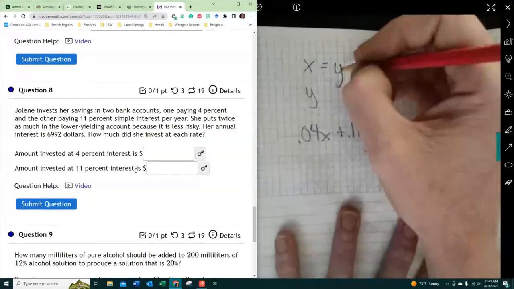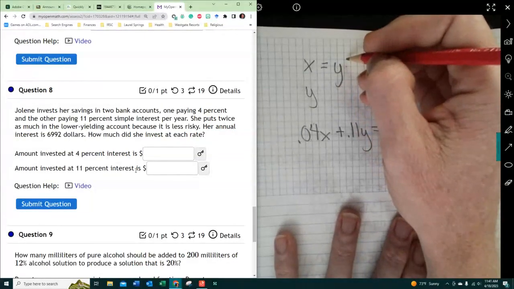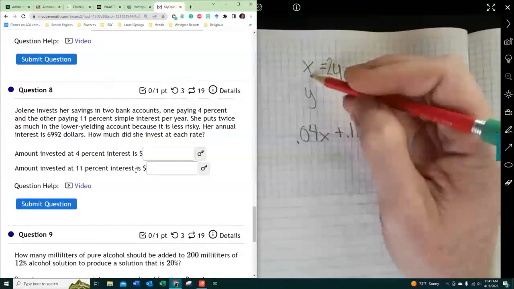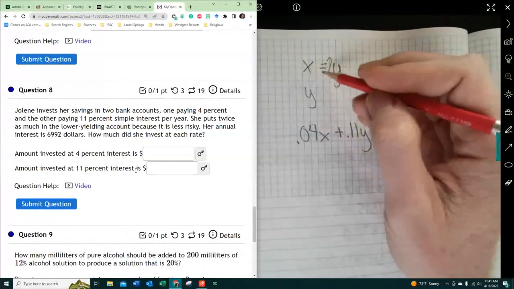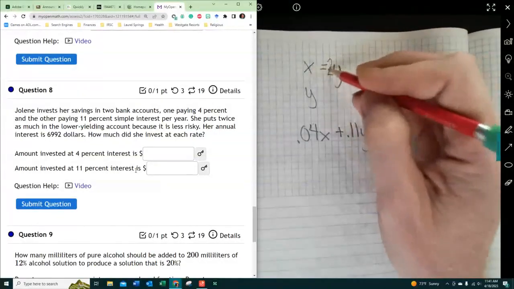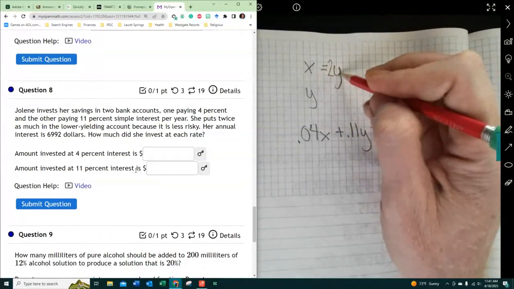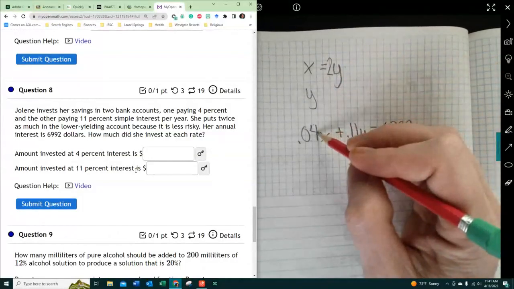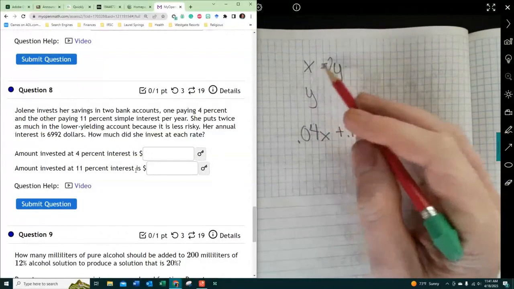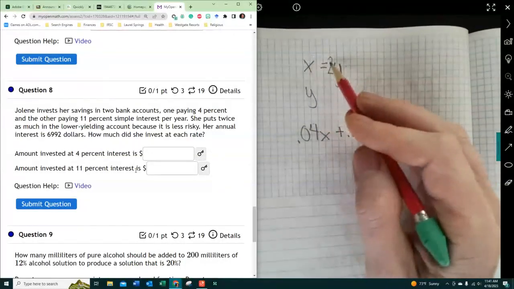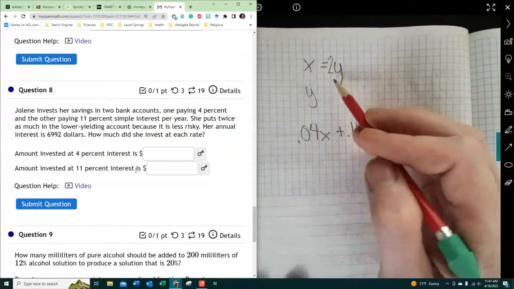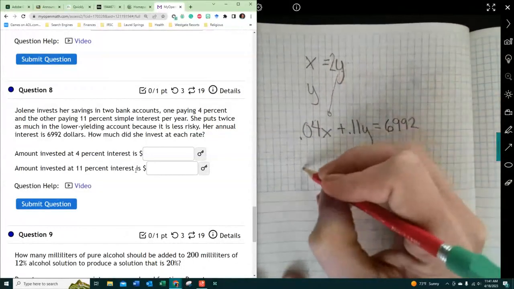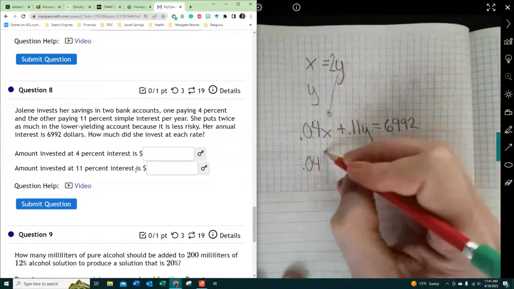So if it's twice as much that she puts in the lower, we can put that x, which is declared as the lower one, equal to twice as many as the higher one. Because the 4% is less risky than the 11%, x is going to be double the amount of the y. So now we have that declared. We can substitute that in for here and solve this. So we have this.